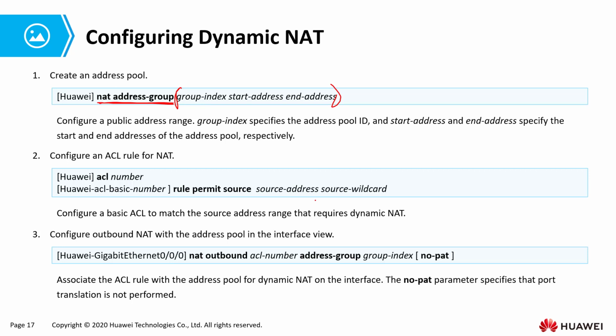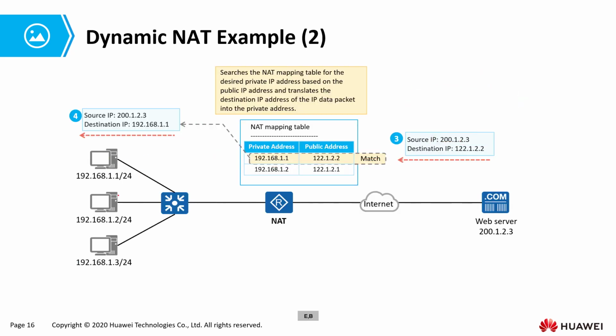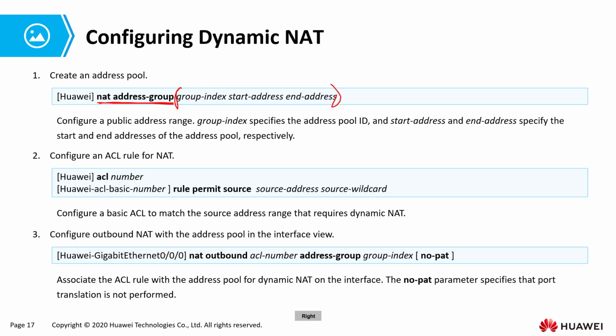After that, we need to identify which addresses are allowed to be translated. Sometimes maybe these are the only two guys we accept to speak to the internet. And so we are going to use an ACL to identify traffic from these guys, and that is the traffic for which the IP addresses will be translated.